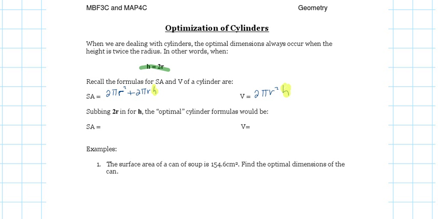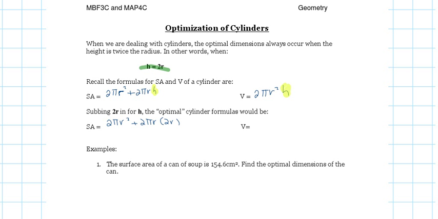Let's see how my formula will become. I have 2 pi r squared plus 2 pi r times 2r, because my optimal height is equal to twice the radius.